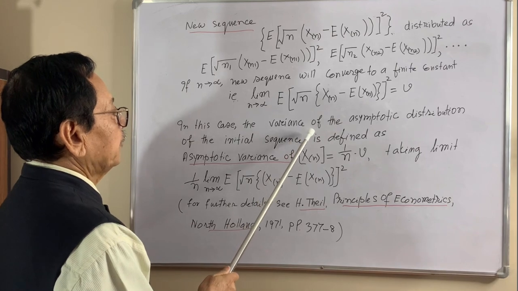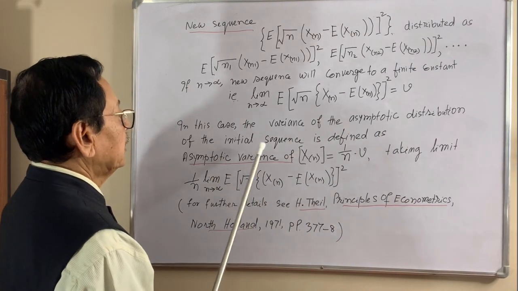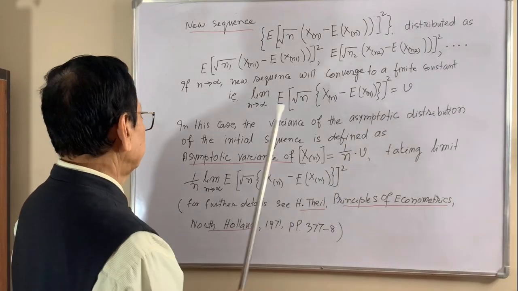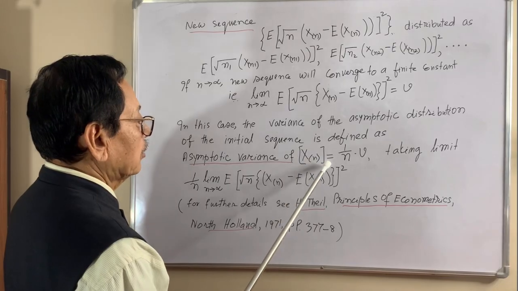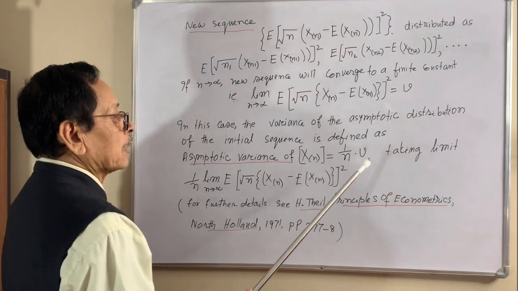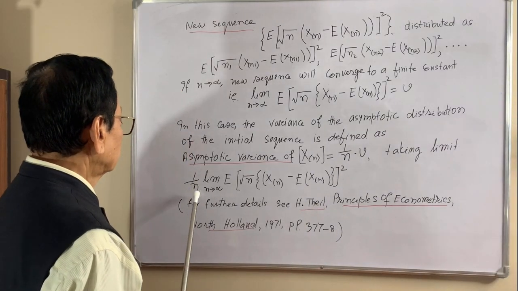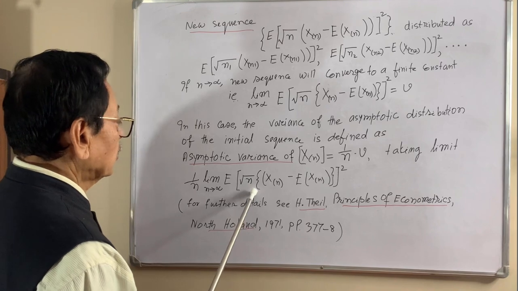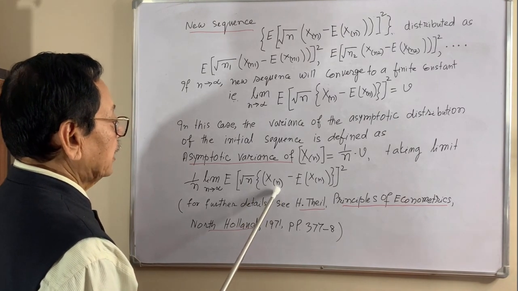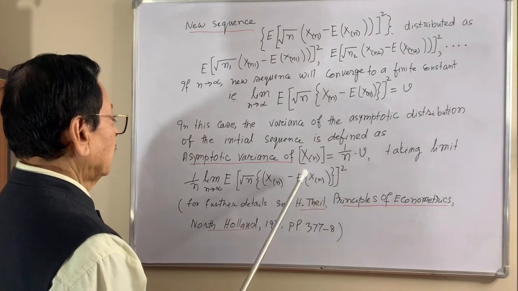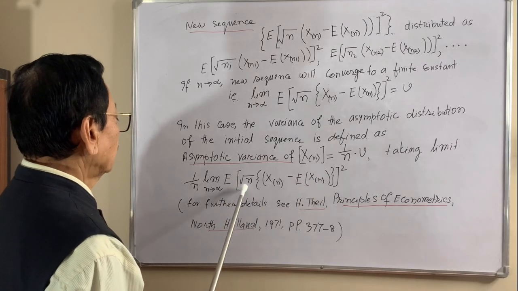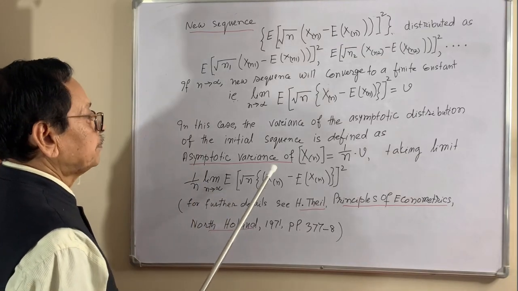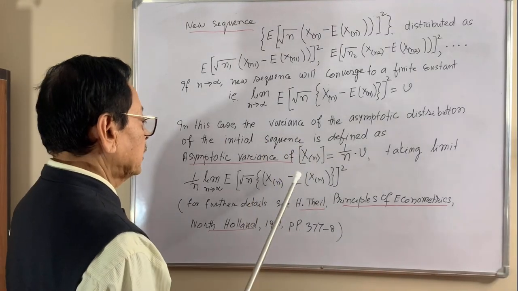In this case, the variance of the asymptotic distribution of the initial sequence is defined as follows. The variance of xn is 1 by n into b. Taking the limit of 1 by n times the expectation of xn minus expected xn squared, when n tends to infinity, gives the variance of the asymptotic distribution.